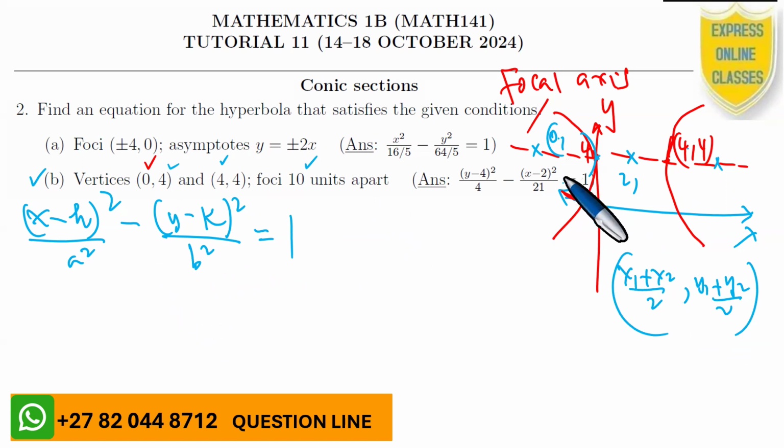This is the midpoint formula from high school.